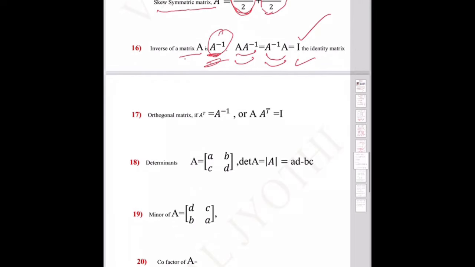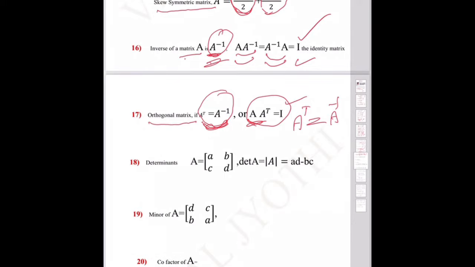Then orthogonal matrix. If A transpose equal to A inverse, then A is orthogonal. That is, A transpose and A inverse are same. Then we say that A is an orthogonal matrix. Or A A transpose equal to I, the identity matrix.